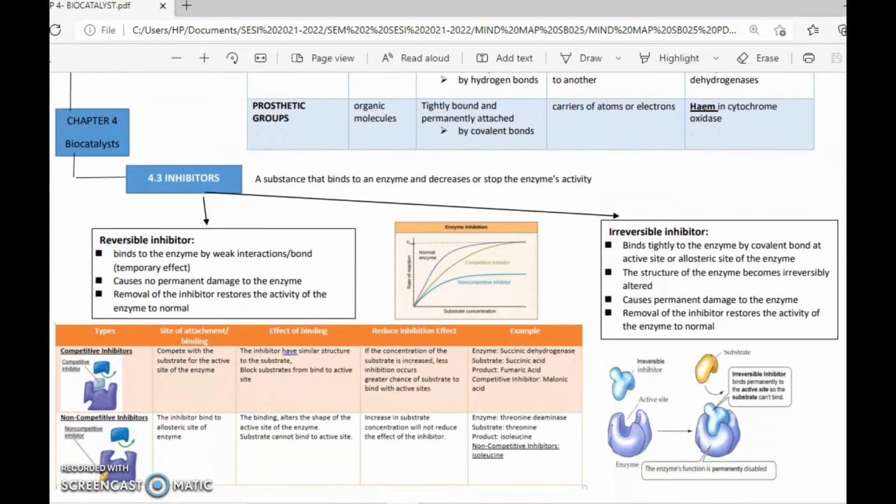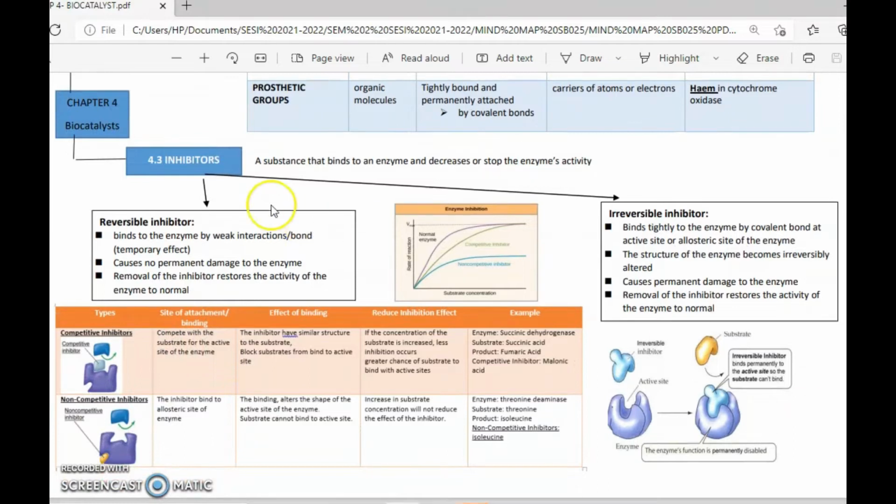So for subtopic 4.3, inhibitors. What are inhibitors? An inhibitor is a substance that binds to an enzyme and can cause the enzyme activity to decrease or stop.